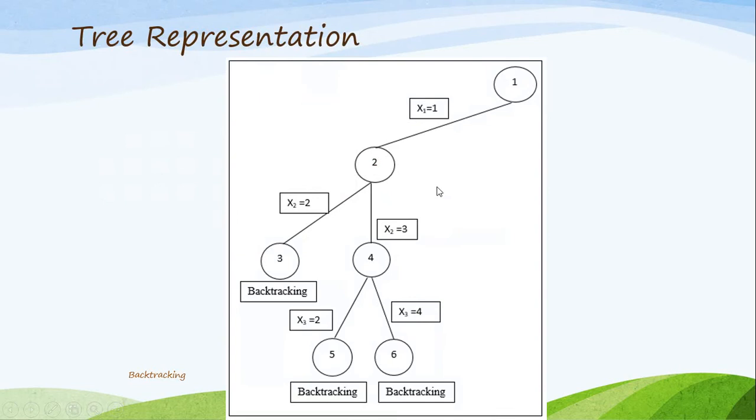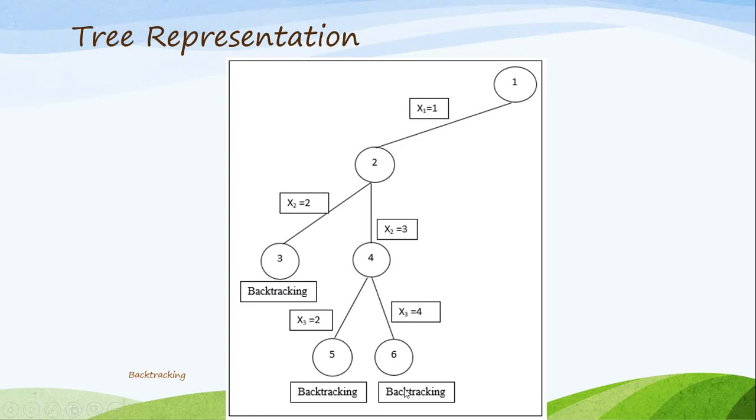So let's represent all those cases with the help of a tree. We are keeping our first queen in the first column. Then we cannot put our second queen in the second column. So again backtrack here. Then place the second queen in the third column. But there will be no place for the third queen.